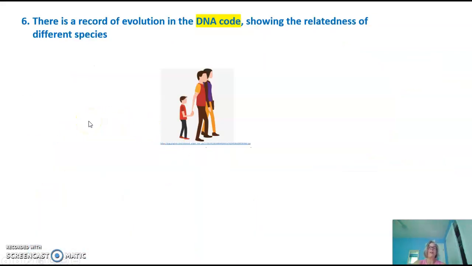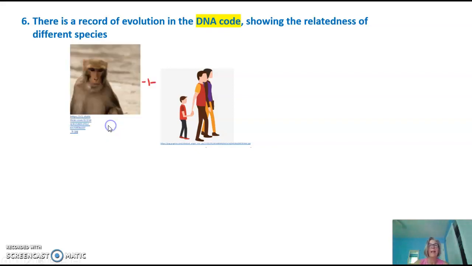There's another piece of evidence called the DNA code, which shows the relatedness of different species. So if we look at humans and we look at one specific protein in their electron transport chain in their mitochondria, and we look at the same protein in the electron transport chain of chimpanzees, we will see that that protein in chimpanzees has exactly one amino acid difference from the humans.